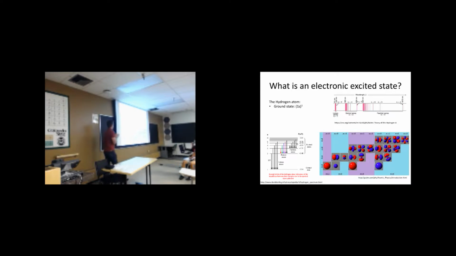We think about the hydrogen atom and its electronic configuration, which can be written, for example, as 1s1. Who has not seen this kind of notation before? Okay, great. This just means that we have a single electron in the 1s orbital of our hydrogen atom.